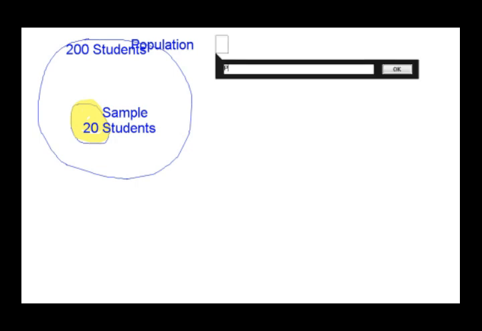Now let's assume we have collected information from each and every student, that is, we have measured the height of the set of 200 students. So we have added the height of 200 students and divided it by 200. So what we get is the population mean.